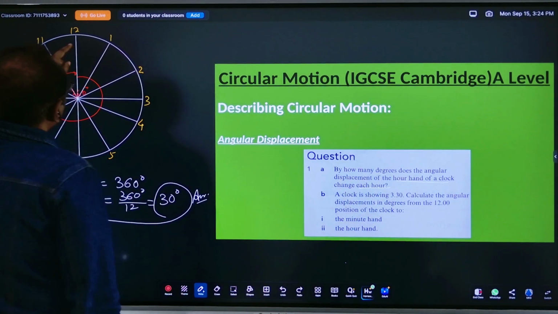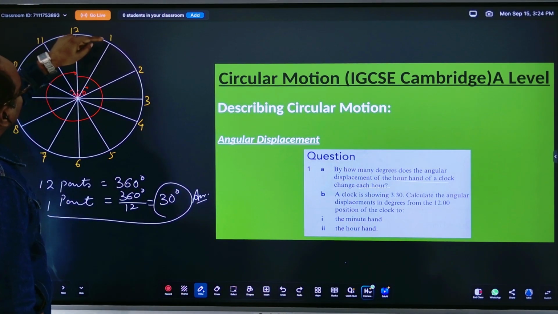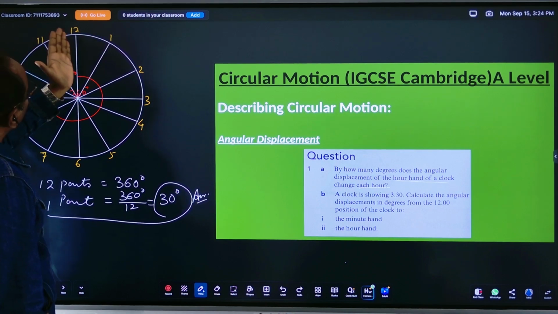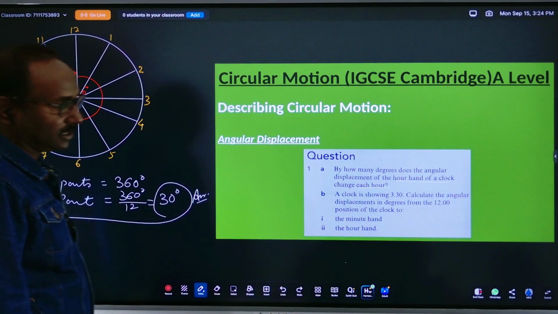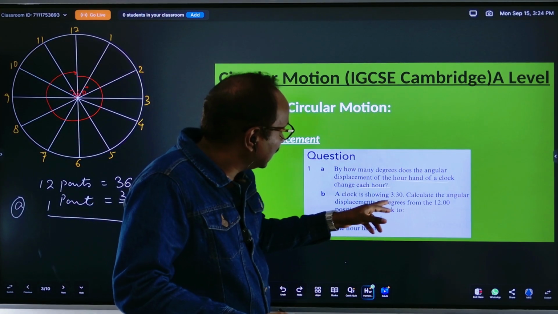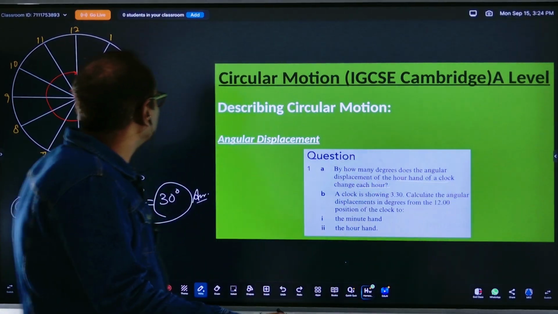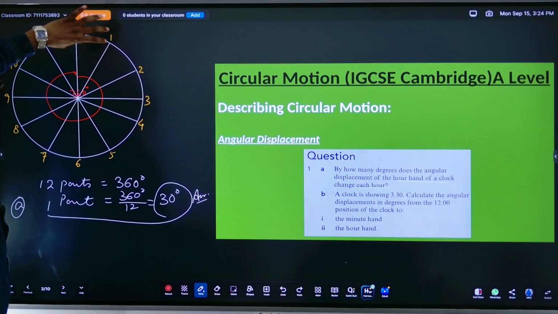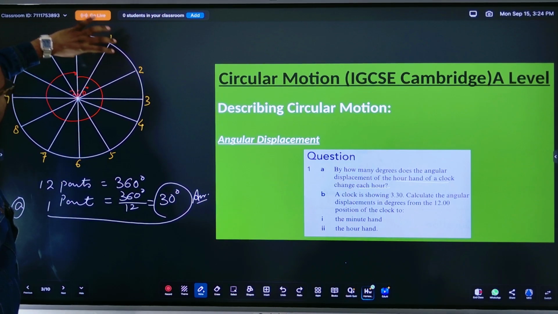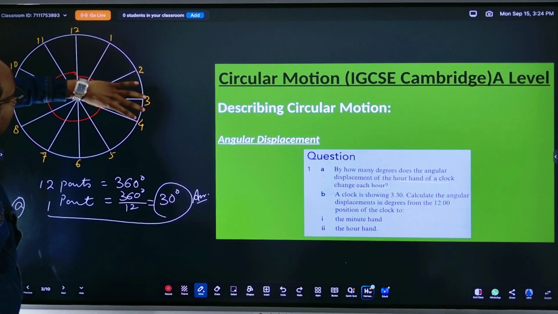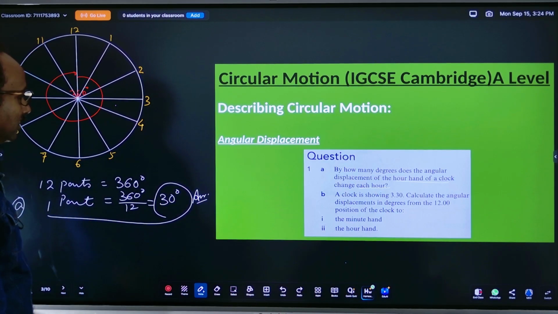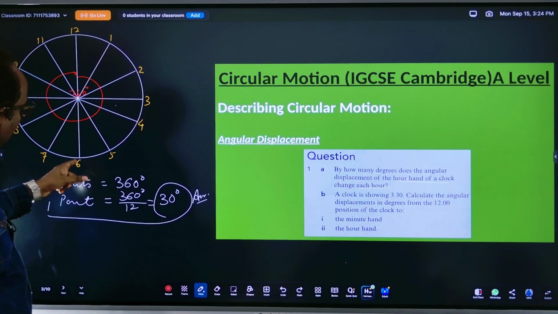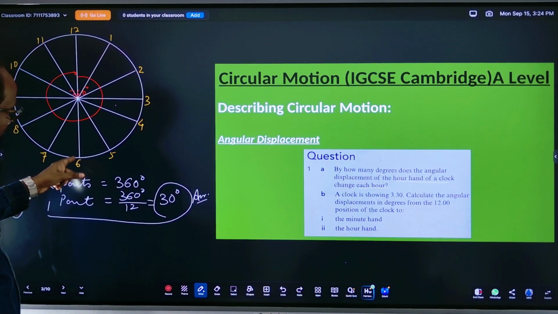Means minute hand from 12 to 1 will move by 5 parts. So if it is said that 30 minutes, each part is 5 minutes. So 30 minutes will be 5 plus 5 plus 5 plus 5 plus 5 plus 5, 6 into 5. So at 30 minutes, the minute hand will be here.